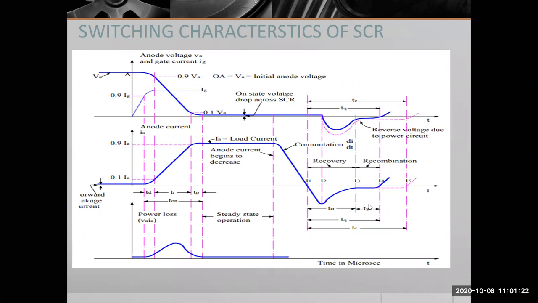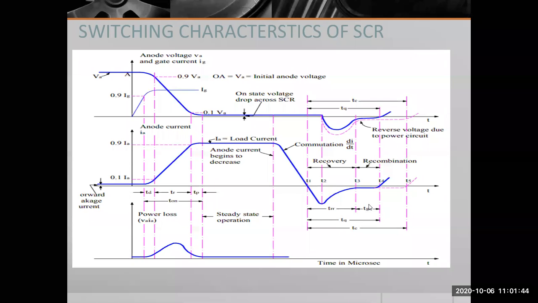Basically, TQ value depends upon three parameters. I discussed these with you in the last class. The first parameter is the rate of change of anode current. The second parameter is the magnitude of anode current, how much anode current we are applying before starting the commutation process.